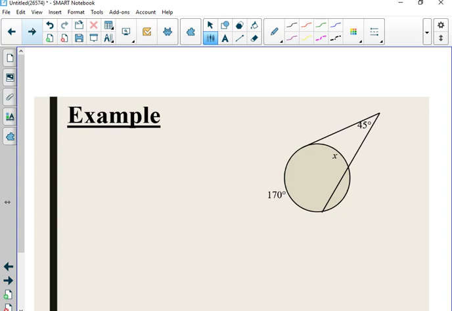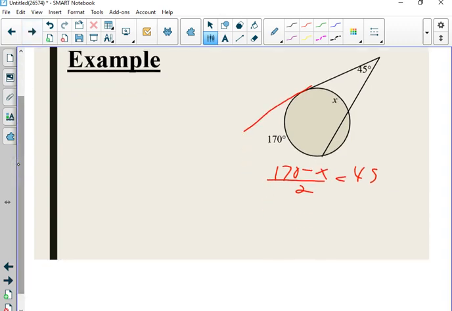All right, one more example of this. Now this time, this one continues through if you want to think about it that way. But this time we got to work backwards because we know 170 minus x divided by 2 equals 45. So now we just do the algebra and work backwards.